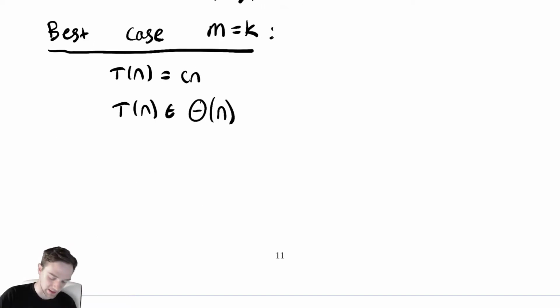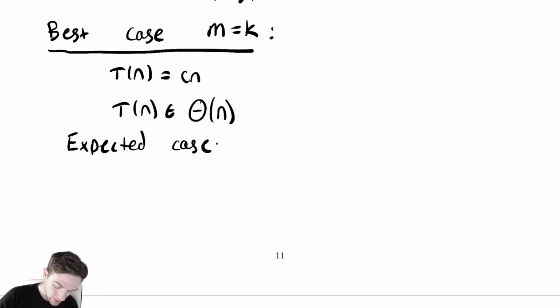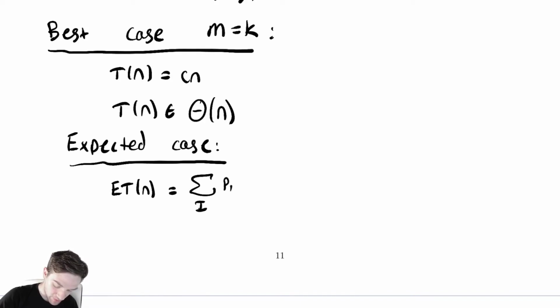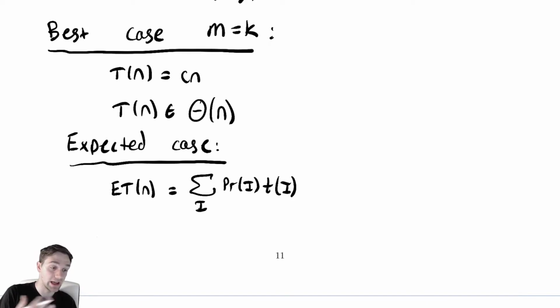Now we must examine the expected case. This example is a little funky, so we're going to do this a bit slowly here. We are going to talk about the expected time, and we're going to try to use our definition. So we're going to add up over all possible inputs the probability of that input times the time it requires when we have that input. The different possibilities for our random variable are that they are at different locations.